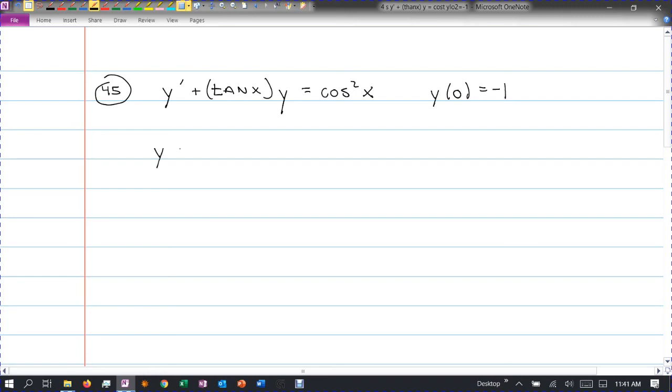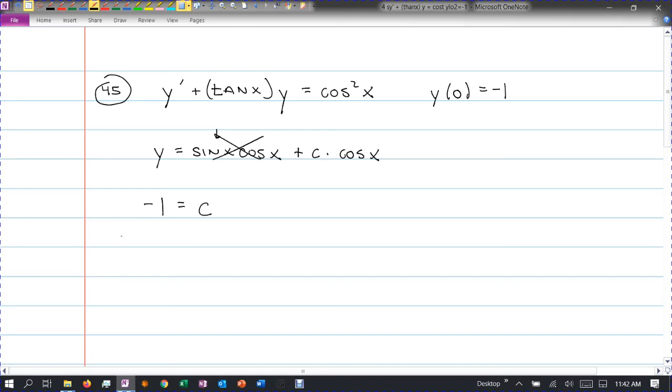You get y is equal to sine x cosine x plus c times cosine x. And there are some domain restrictions here, but we're not going to worry about those. Let's solve this for c. So just replace all your x's with 0 and y with negative 1. So negative 1 must be, let's see, sine of 0 is 0, so it's going to kill this whole thing off. And then cosine of 0 is 1. So all you get is c is negative 1. And that's it.